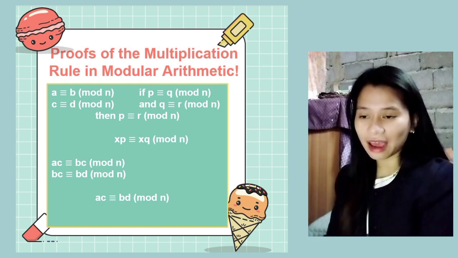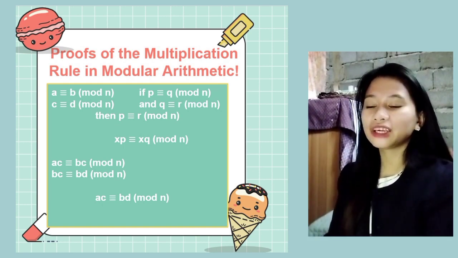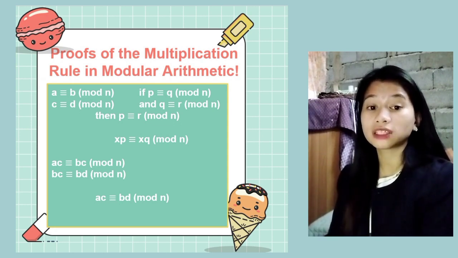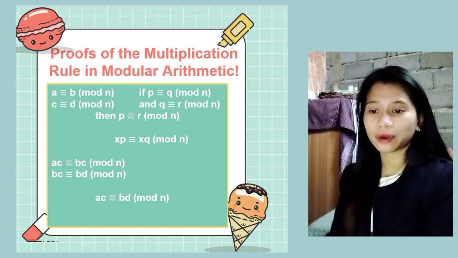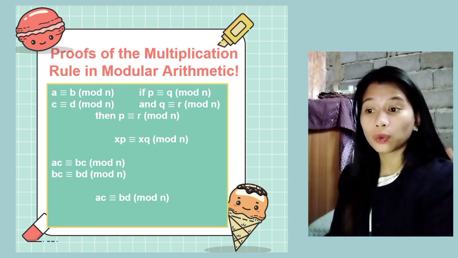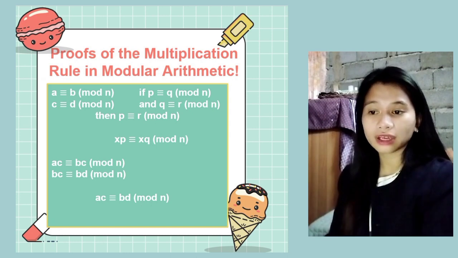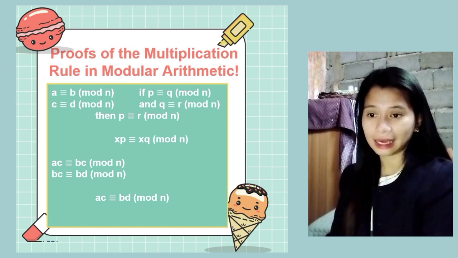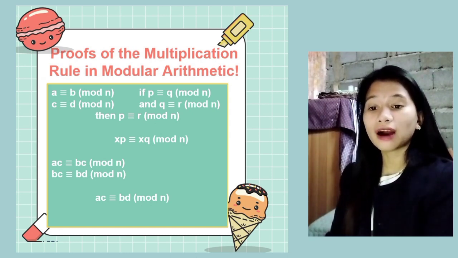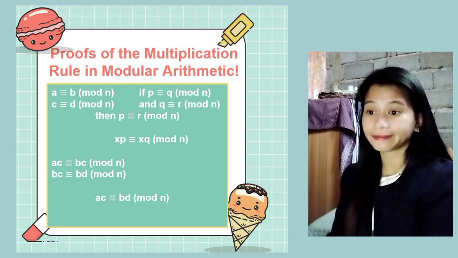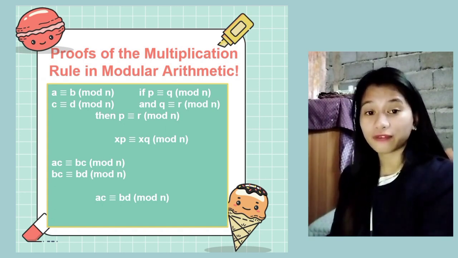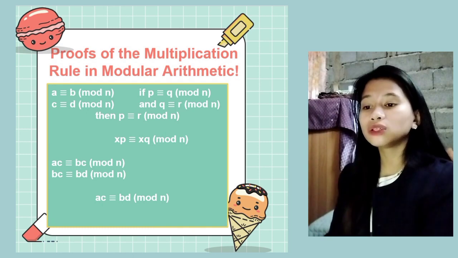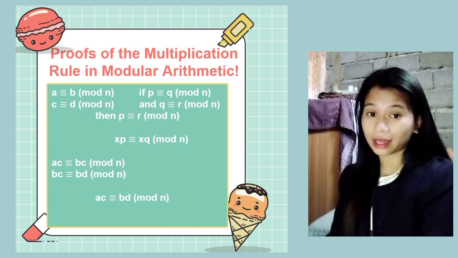Now, using this, we can derive some information from our starting congruences. First of all, let's take the first congruence, A congruent to B, and multiply both sides by the constant value C. If we do that, we will find that A times C is congruent to B times C mod N. Since we have just multiplied by a constant value on both sides, we can do a similar thing to the second congruence.